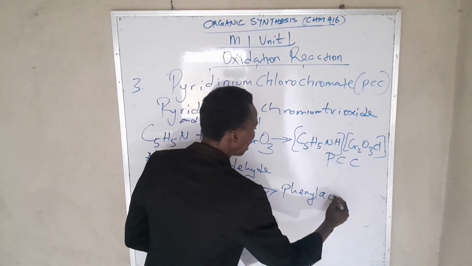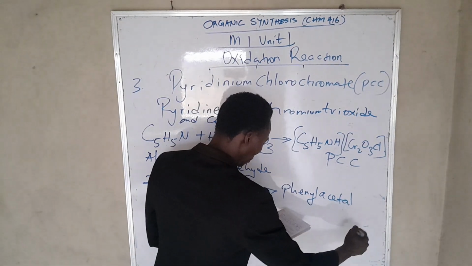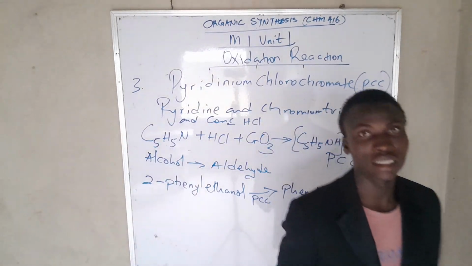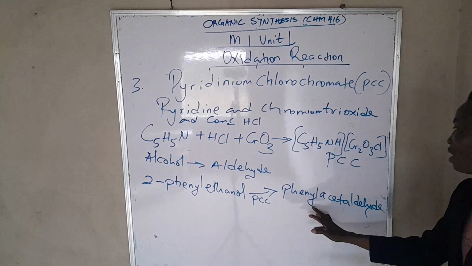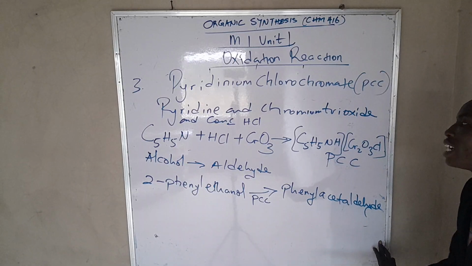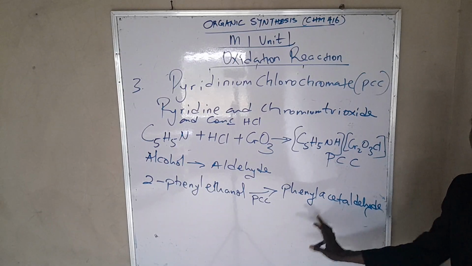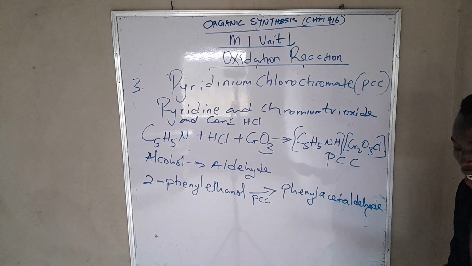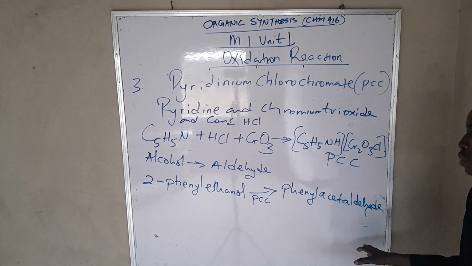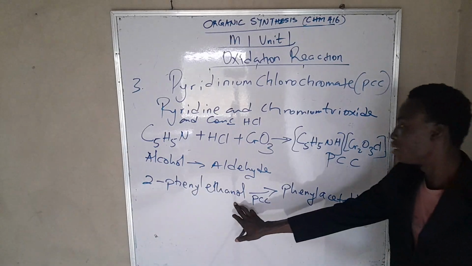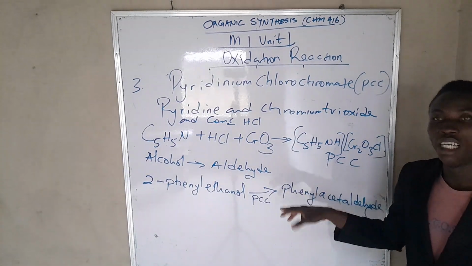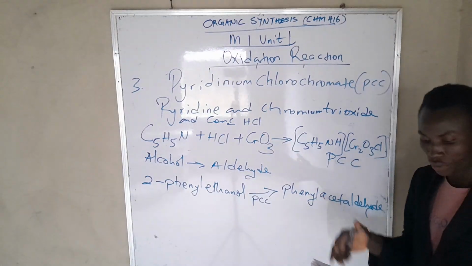When it produces the phenyl acetaldehyde, it will not produce another related compound, which is the carboxylic acid. That's it. Phenyl acetic acid will not be produced. That is the major function of PCC in such a reaction.